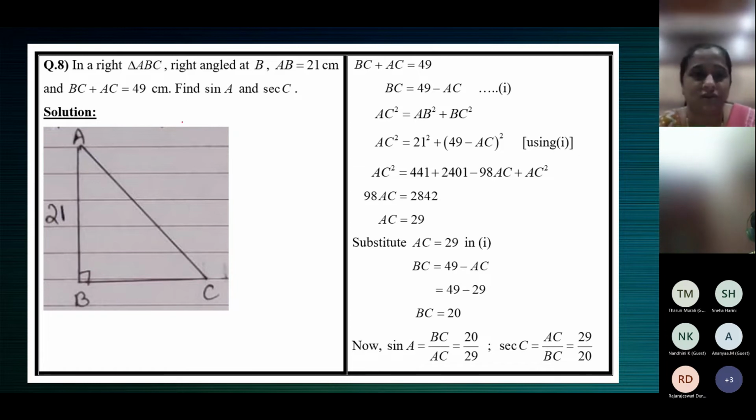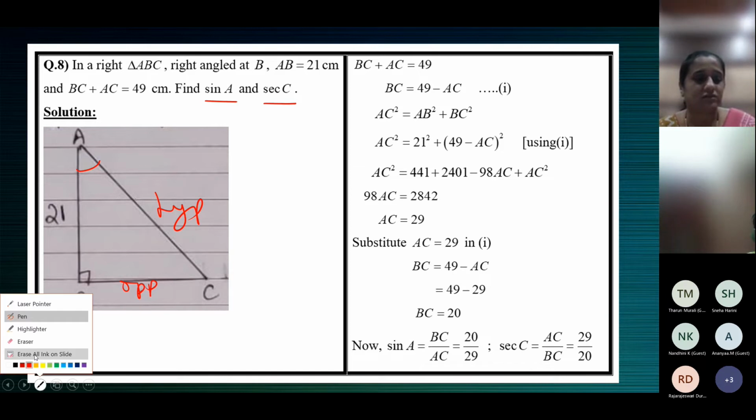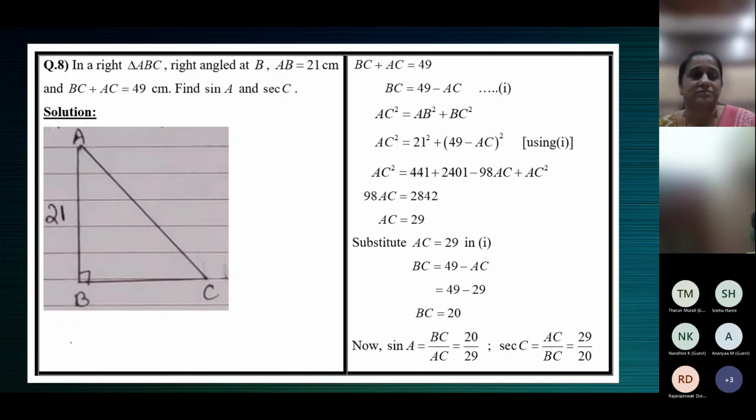Opposite and adjacent, see, you'll have to find sine A and secant C. So sine A will be opposite by hypotenuse. Secant C, hypotenuse by adjacent. This is C. Hypotenuse is this by adjacent. For C, this is the adjacent side.